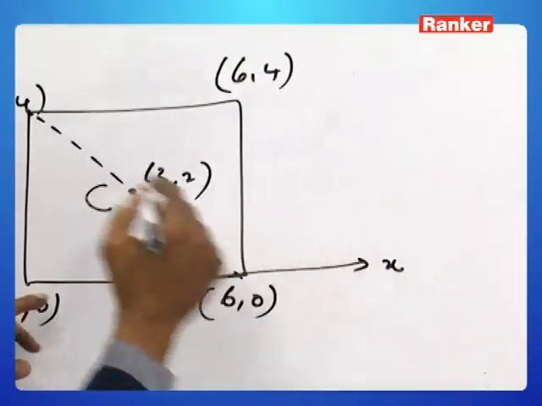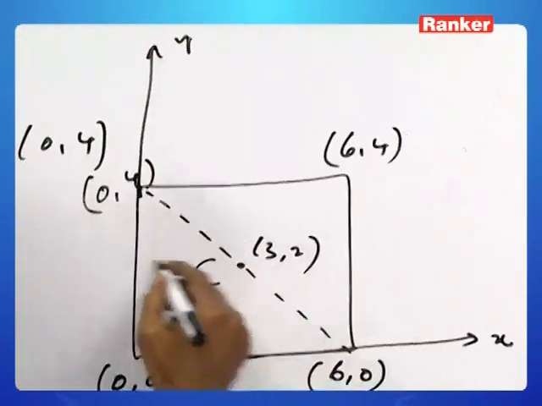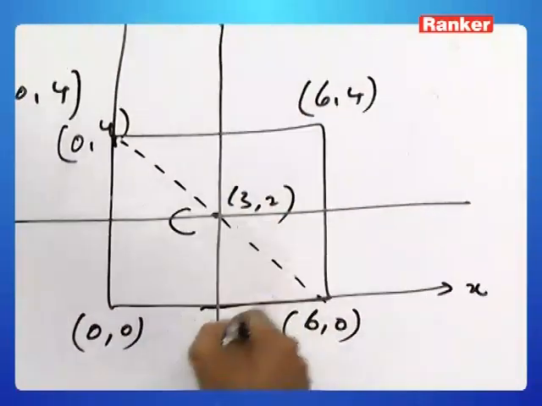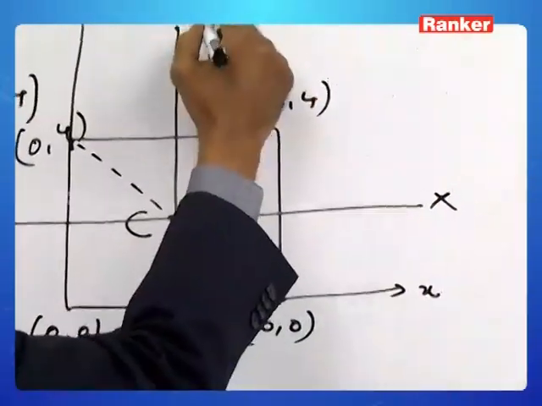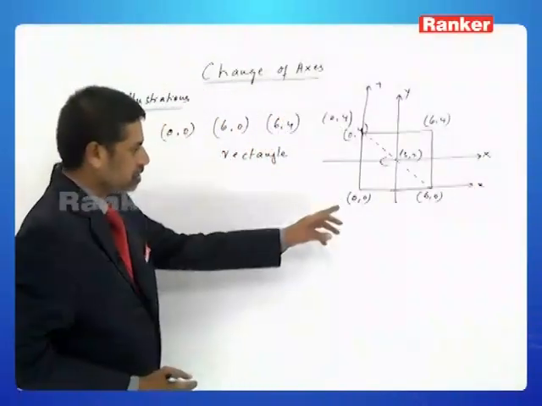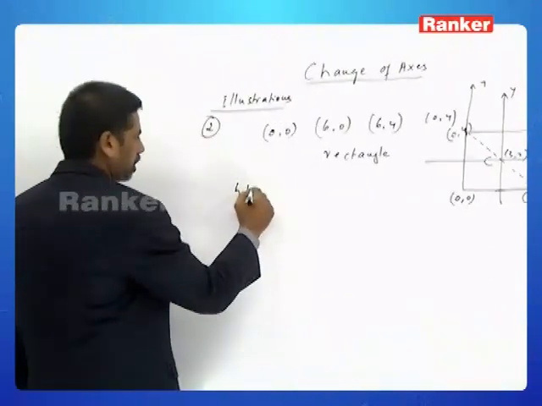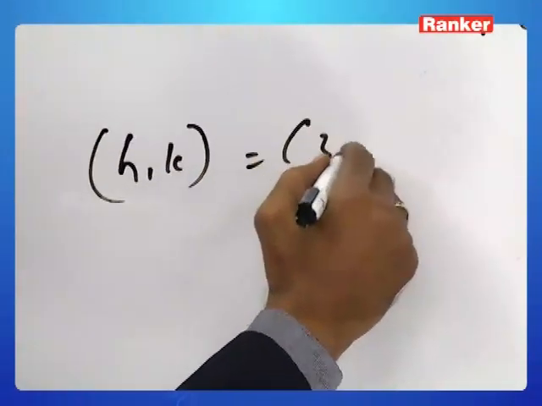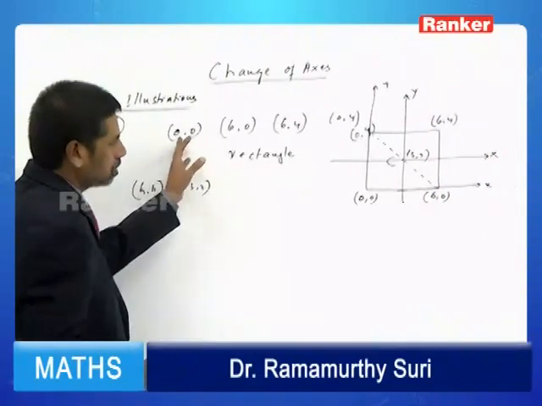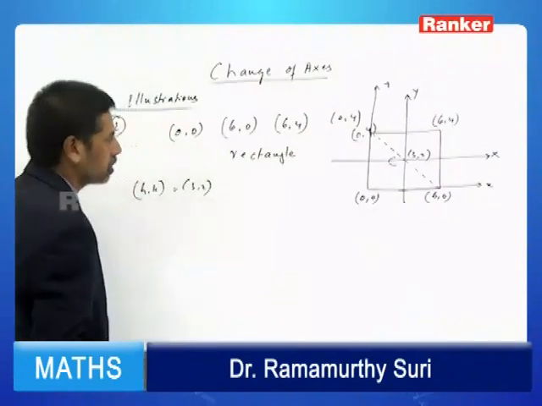Suppose this is the original small x small y coordinate system. Now we are designing a new capital X capital Y system. So the origin is now being shifted to 3 comma 2. So h comma k is equal to 3 comma 2. Let us find out the coordinates with respect to the new system.